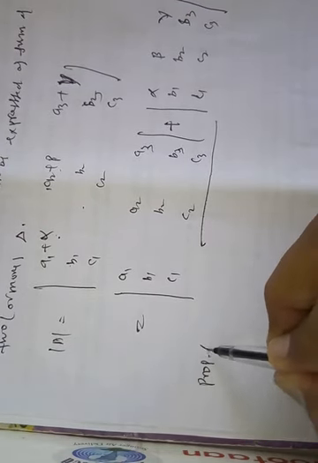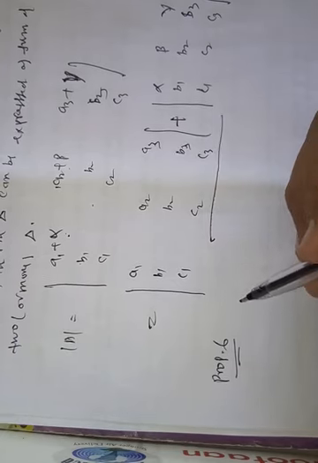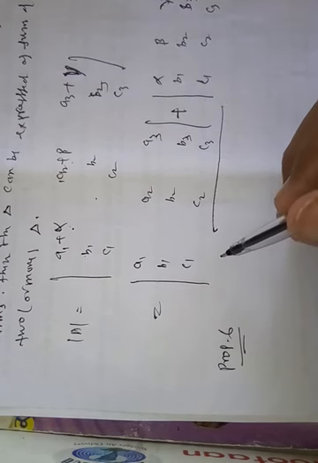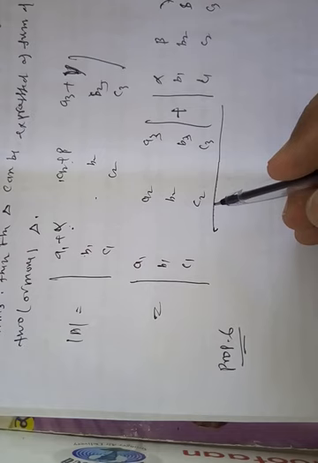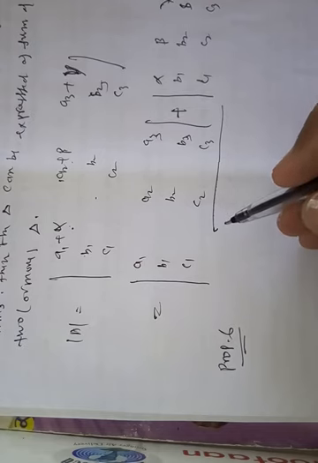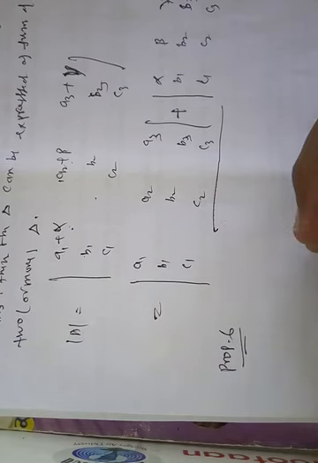And property 6, the sixth property: if to each element of any row or column of a determinant the equimultiples of corresponding elements of another row or column are added, then the value of the determinant remains the same.